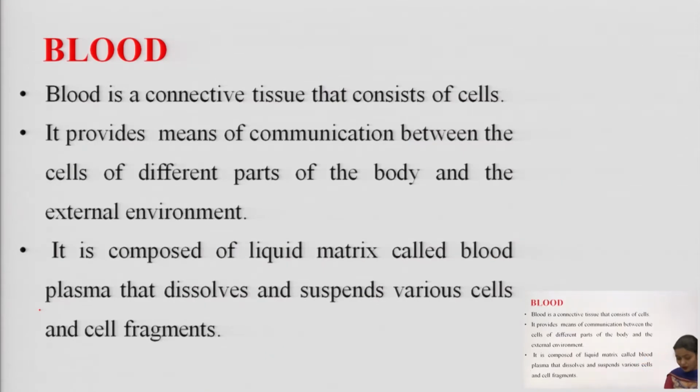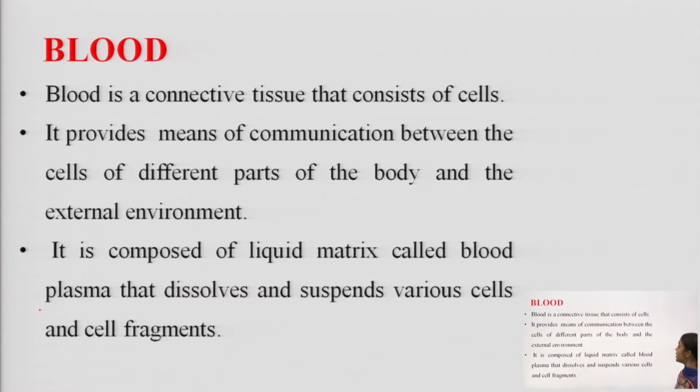Blood. Blood is a connective tissue that consists of cells. You all very well know that blood is a liquid connective tissue that flows throughout your body and connects your whole body together.